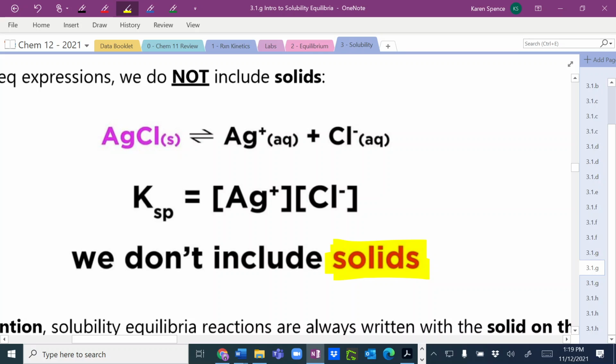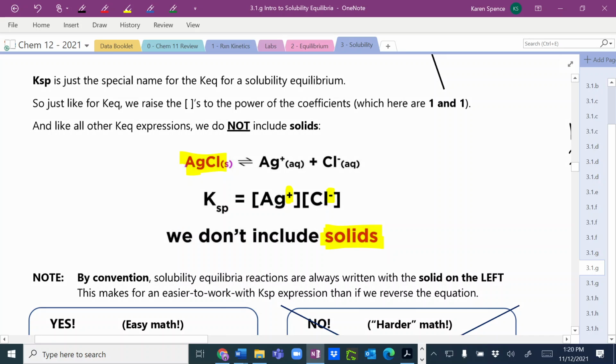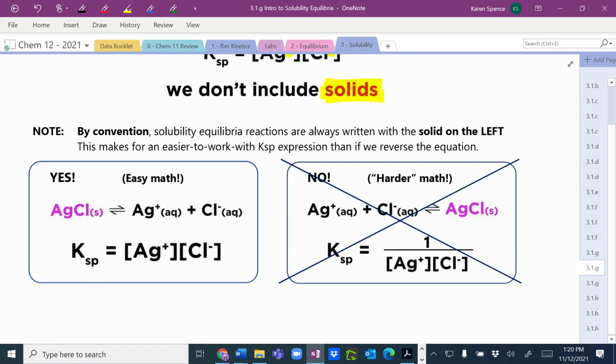So there's no solid in the KSP. Don't forget your ion charges in there. But by convention, they decided that in the solubility equilibrium, we would always write the solid on the left because it makes for a much tidier KSP expression.